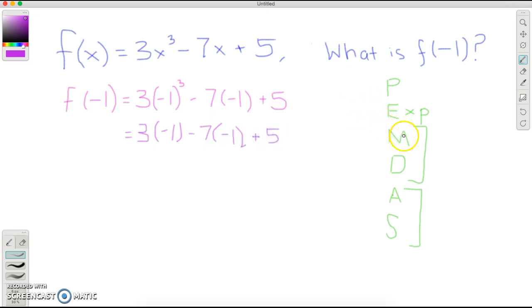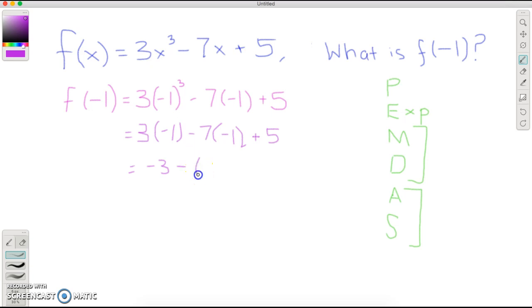So the next step we have on PEMDAS is going to be multiplication. And we see that in 2 steps. That's going to be 3 times negative 1 and 7 times negative 1. So what we do is we just go from left to right. So this is going to be the same as 3 times negative 1, which is negative 3, minus 7 times negative 1.